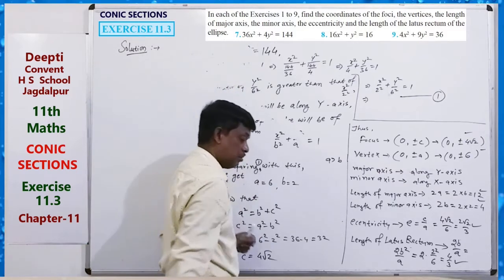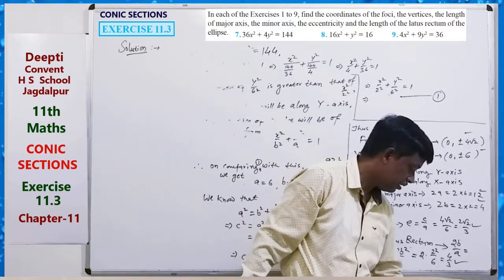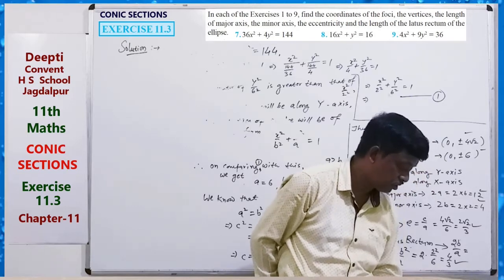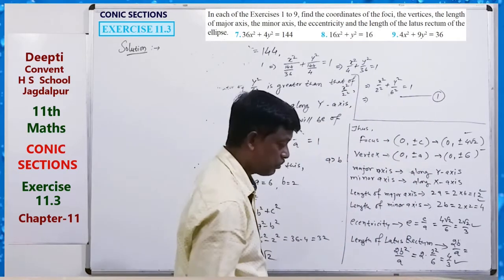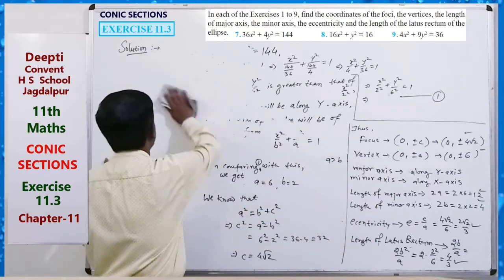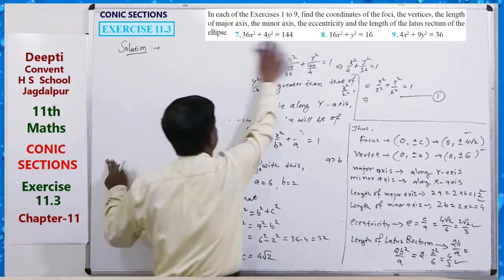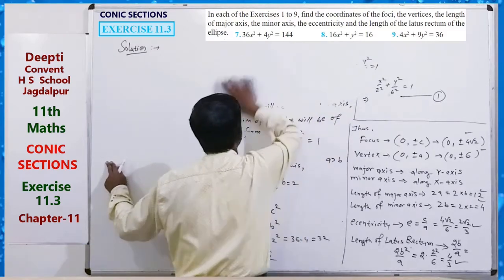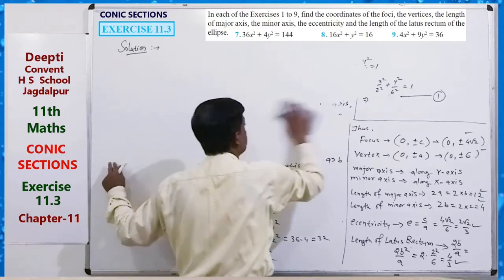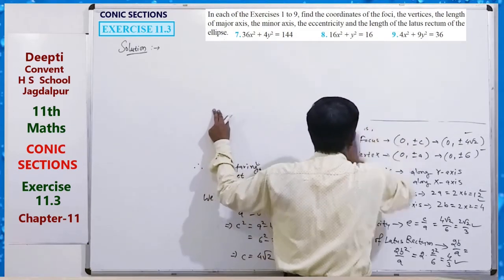Now, questions 10, 11 and 12 are three questions where the vertices and foci are given, and we have to find the equation of the ellipse. First of all we have to find the format of the ellipse.